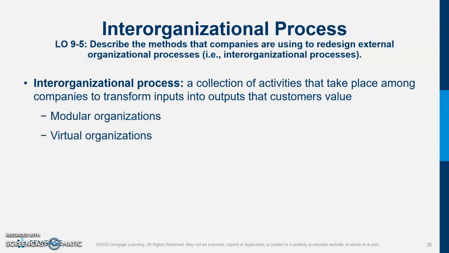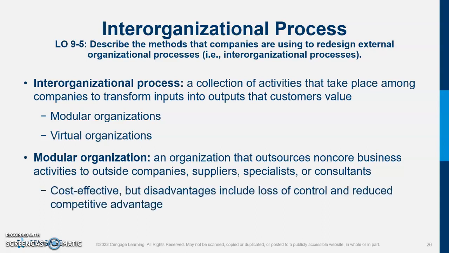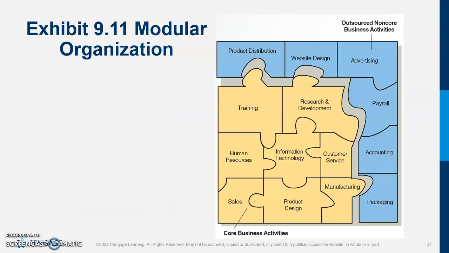We also have interorganizational processes, and we talk about modular and virtual. A modular organization, and this is actually a better representation, is when a company outsources its non-core businesses. You can see here, everything in yellow is a core business activity, and everything in blue in this example is outsourced, or somebody outside of the company does it.